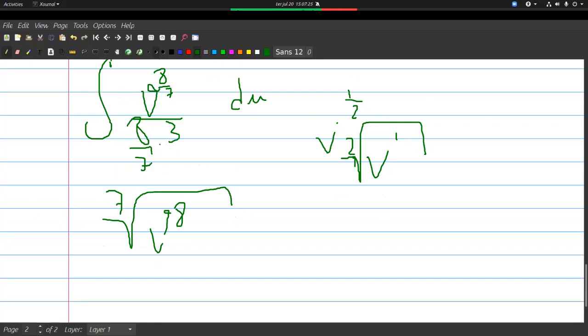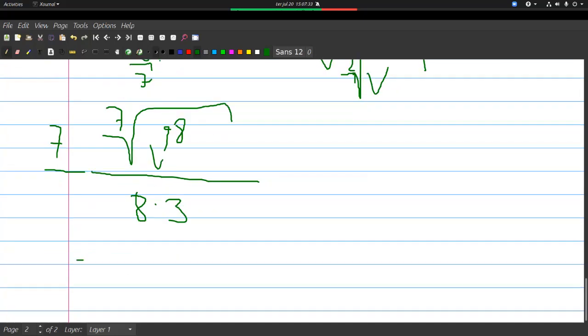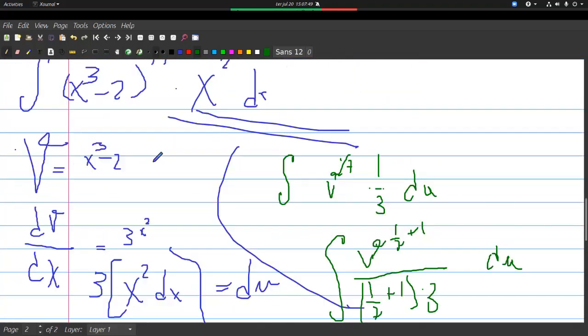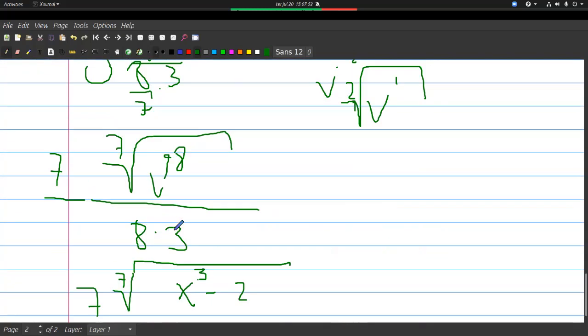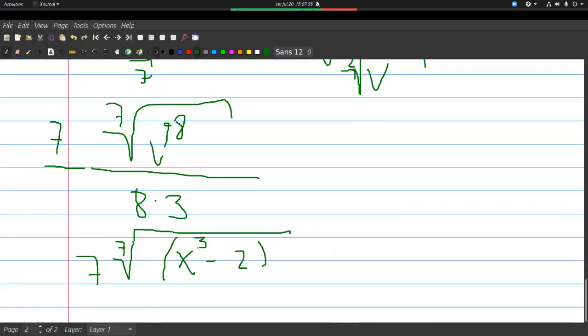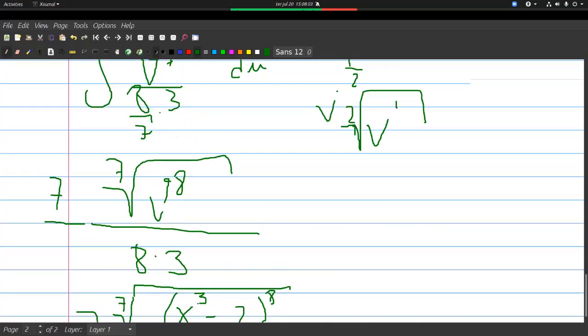So it's this divided by 8. We leave the 8 over here, and we go to 7 up here, and so we have 7 square root 7 of x cubed minus 2 to the 8th power, everything divided by 8 times 3, which is 24, and that is the answer.